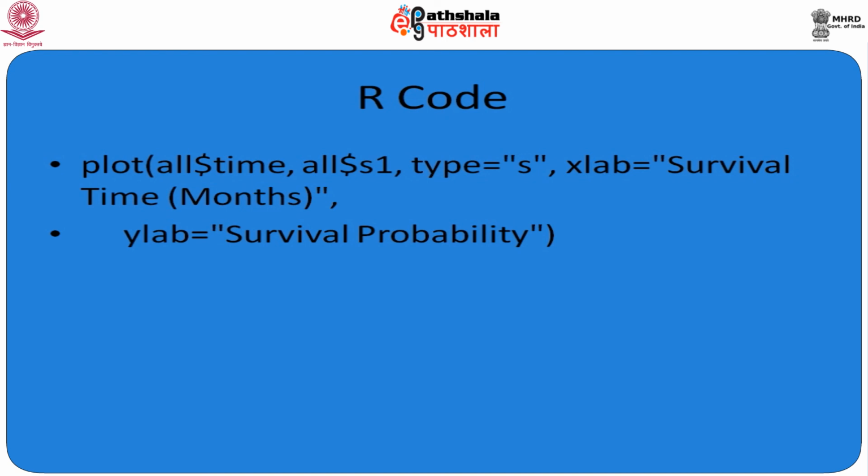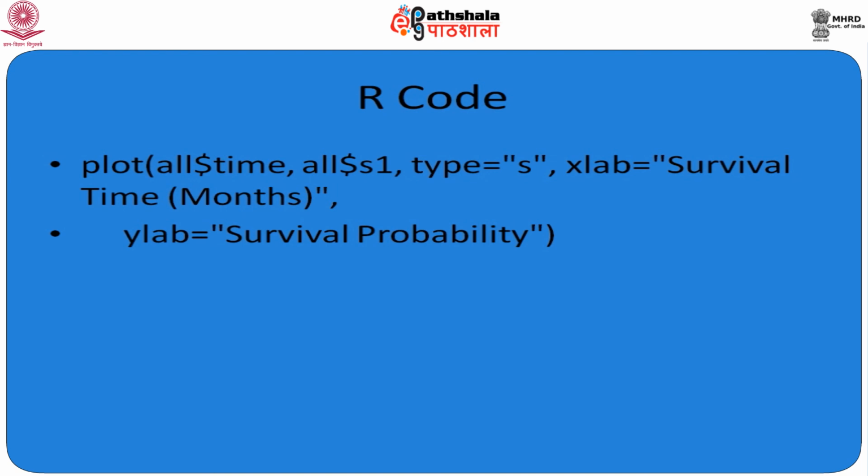The code is like all of time and all of S1, type is equal to s, to get the line follow up, and here we are labeling the x axis as survival time, the months, and the y label as survival probability. So based on your duration of study, you may put into the inverted commas the unit of the study, that is days or months or years.